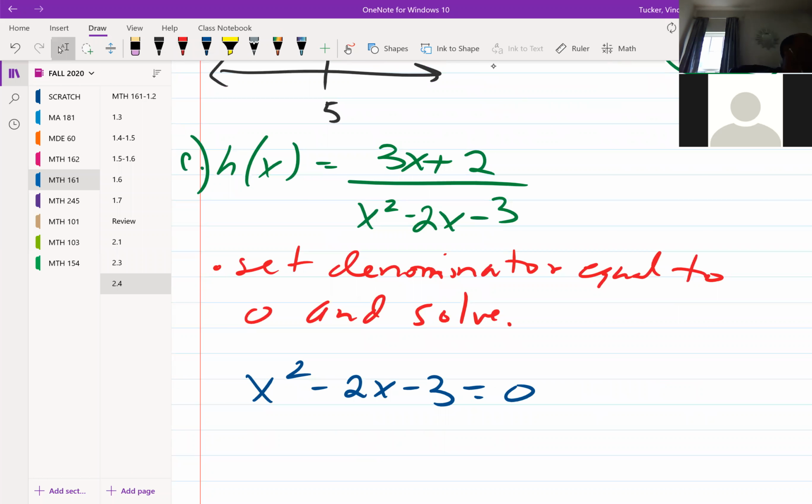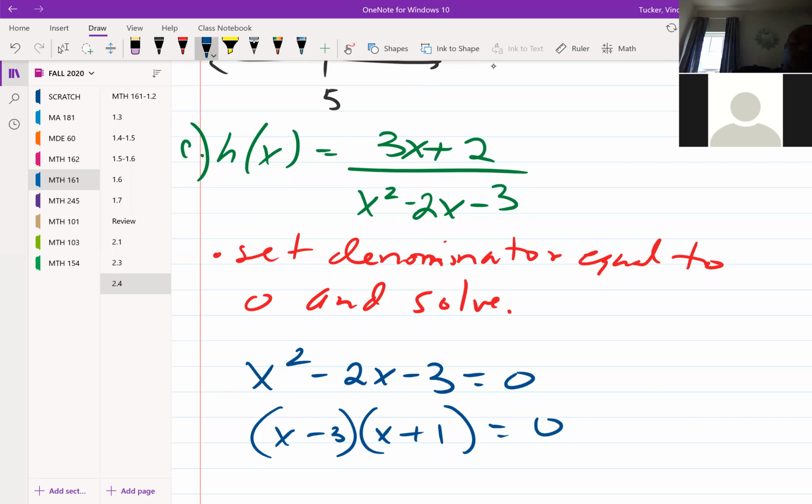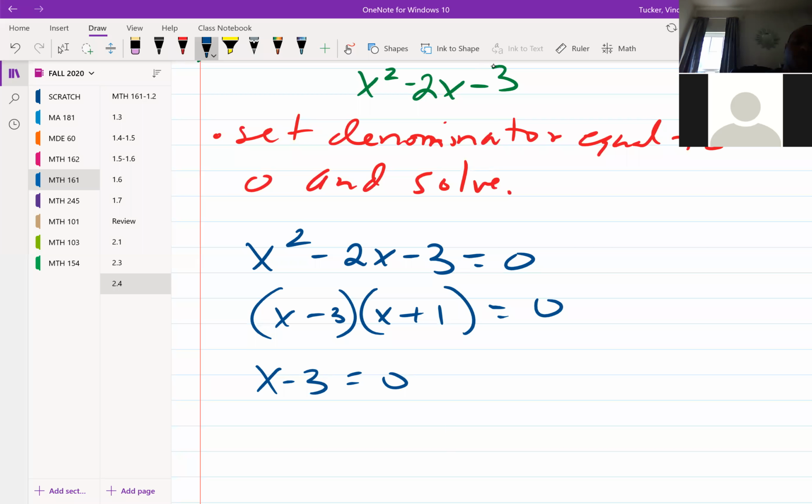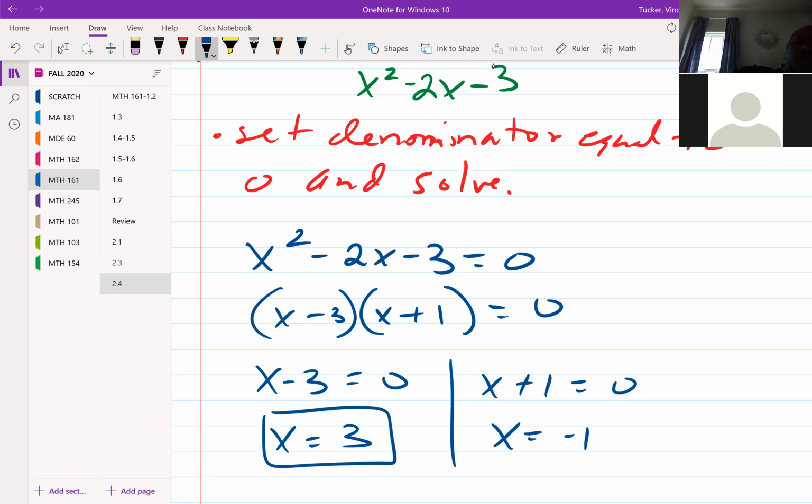Remember, you can solve by factoring, completing the square, or quadratic formula. We'll go ahead and factor this. So it's x minus 3 times x plus 1. Set each part equal to 0. X equal to 3. X equal to negative 1.